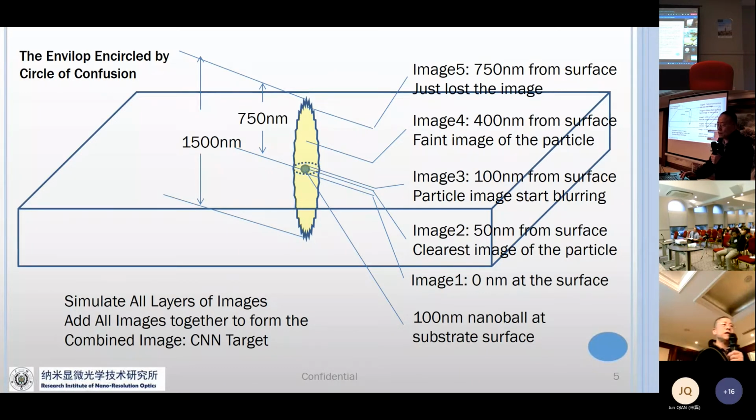The envelope is determined by the width of the whole field, but the depth in this envelope, half of that, is only 750 nanometers. So at one time, we only transport this amount of light in this field to the image plane to overlap it on the sensor.